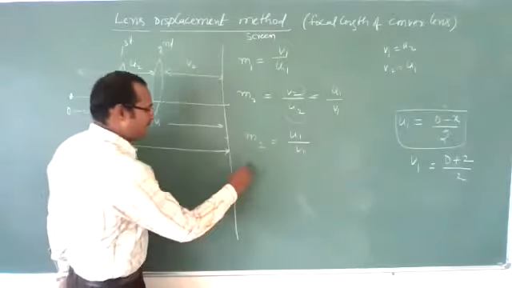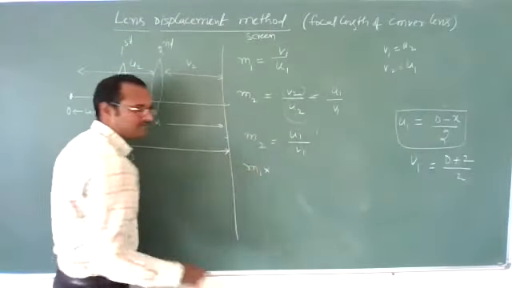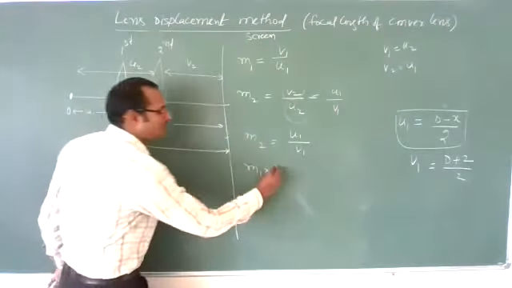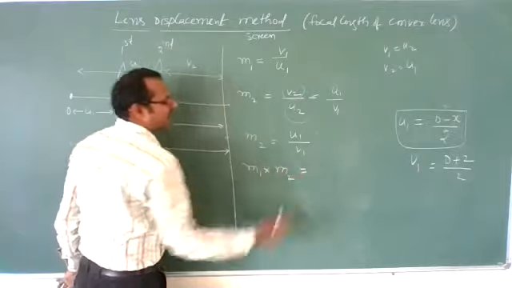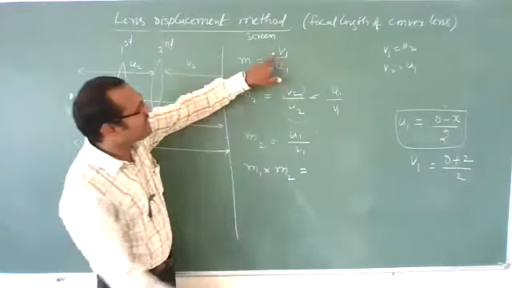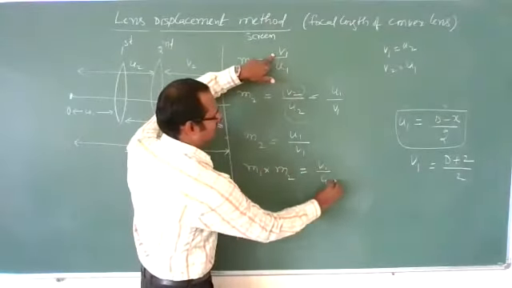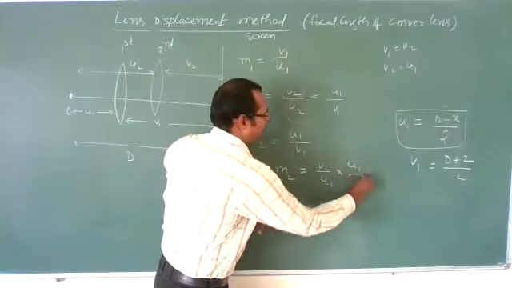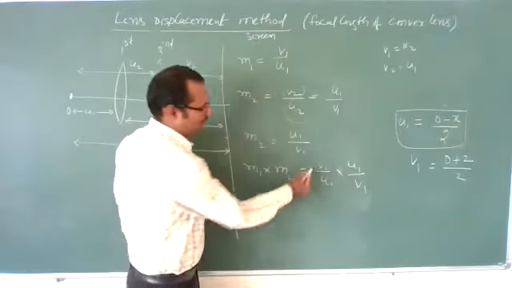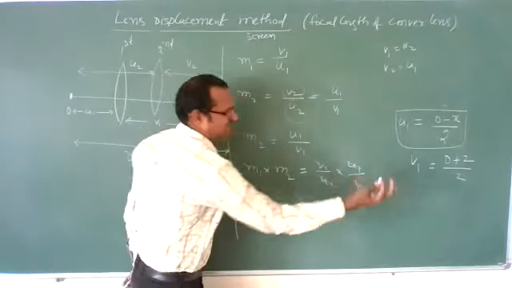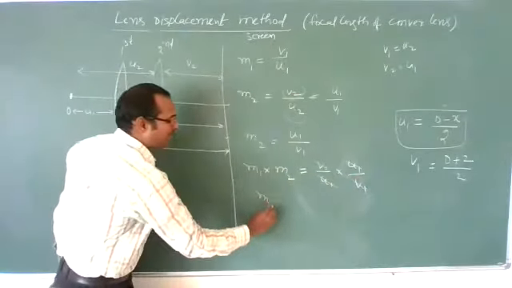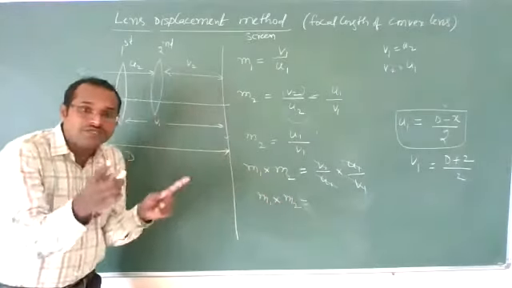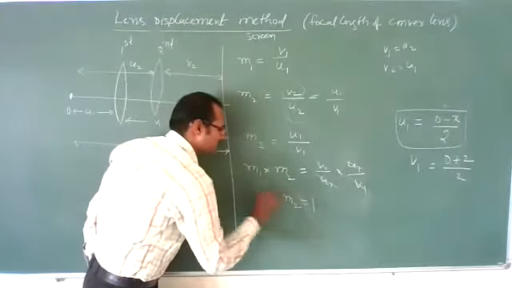Magnification at the first position of the lens into magnification at the second position: M1 is V1 by U1, into M2 which is U1 by V1. V1, V1 cancel, U1, U1 cancel. That means the product of magnification of the image formed due to the two different positions of the lens is equal to 1.